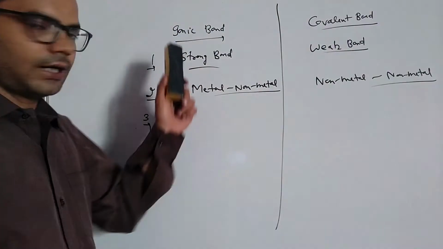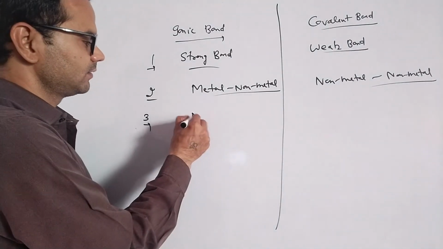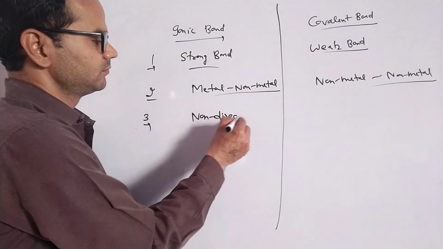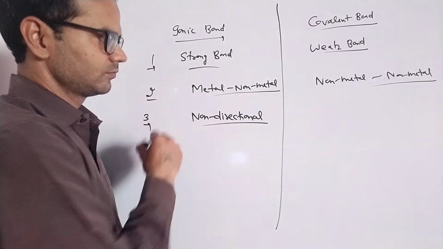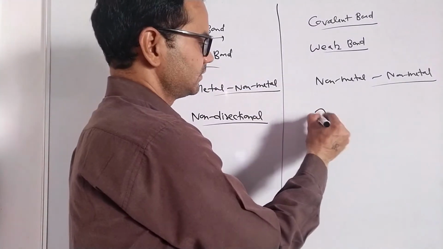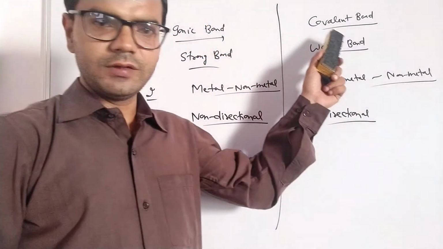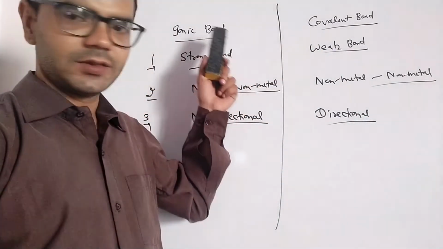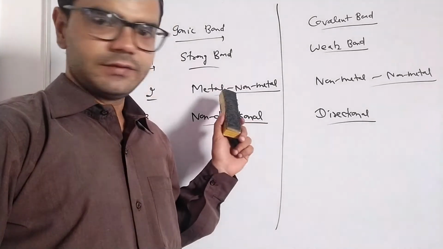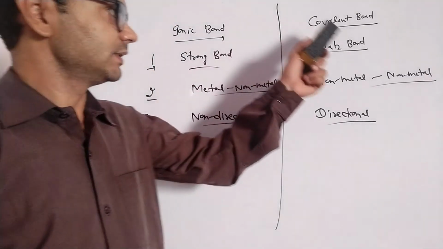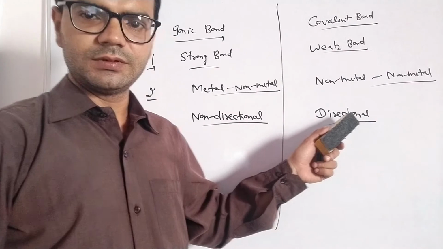Third, ionic bond is non-directional. Covalent bond is directional. So we can say covalent compounds have a definite shape, ionic compounds do not have a definite shape, because the covalent bond is a directional bond.